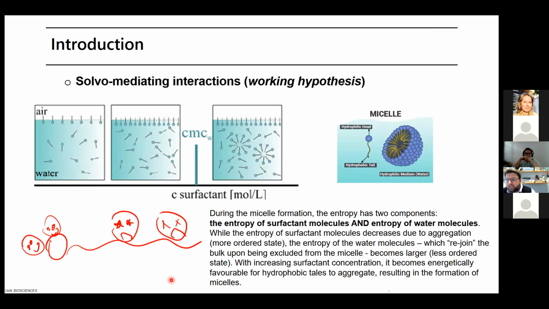And we know that the thermodynamics of this process is such that it's not driven because the hydrophobic chains want to aggregate. Hydrophobic chains don't want to aggregate. It is the water molecules that are not happy, and here are the unhappy faces, they're not happy around these hydrophobic chains.